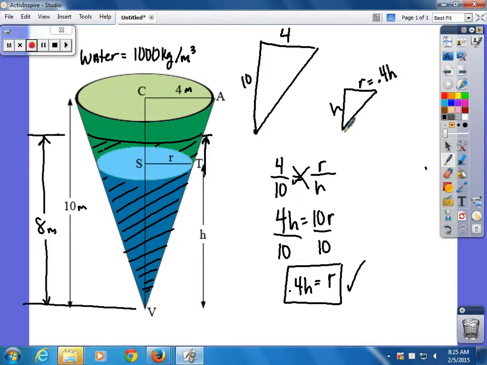In other words, let's say when your distance right here is 2 meters, what is this? Well, it's going to be 0.4 of 2, or whatever comes out with it. When you get to 3, your radius is going to be a proportion of 3.